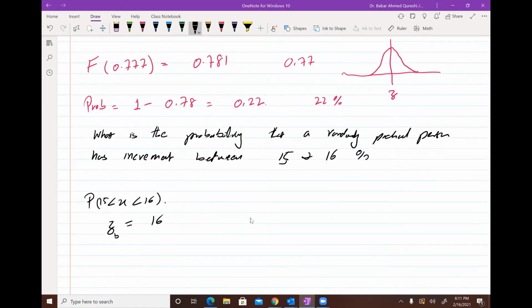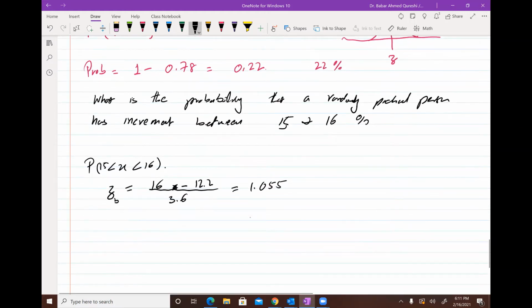You have to compute ZB for this 16 one, which is 16 minus 12.2 over 3.6. So 16 minus 12.2 divided by 3.6 is equal to 1.055. And now you compute this function at 1.055. You can do it from this table.